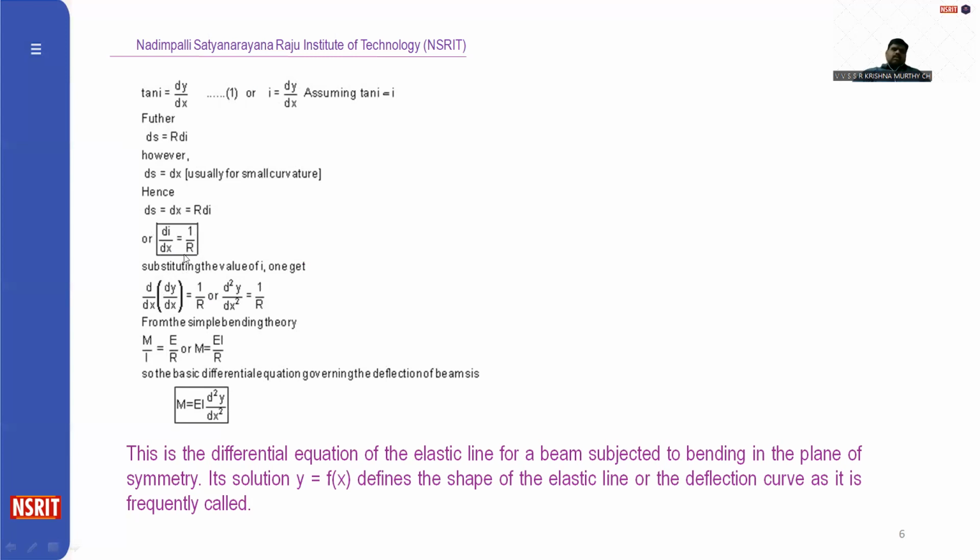On substituting the value of i equal to dy by dx, d by dx of dy by dx is equal to 1 by R. That is, d square y by dx square is equal to 1 by the radius of curvature.